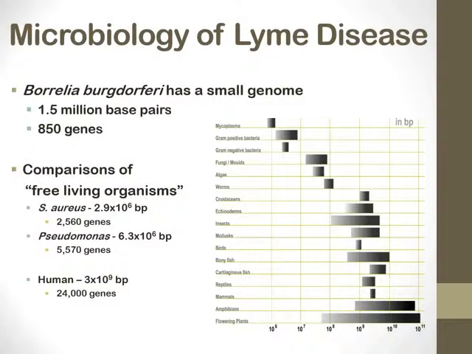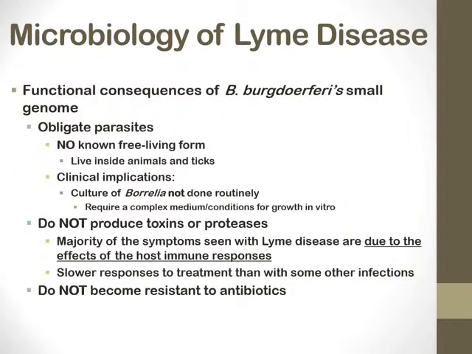The spirochete has a small genome, and for those of you who, like me, don't have a good sense of how many millions of base pairs other organisms might have, Staph aureus and Pseudomonas are put up there for reference. That small genome has clinical pertinence for several reasons.